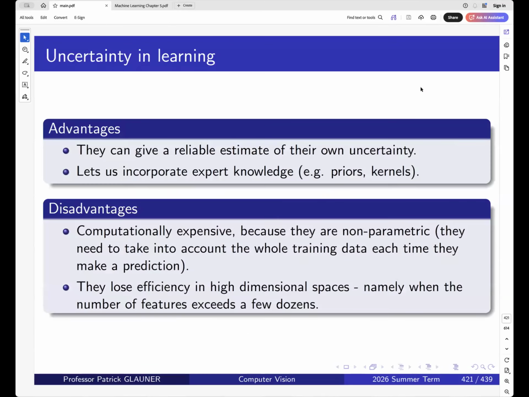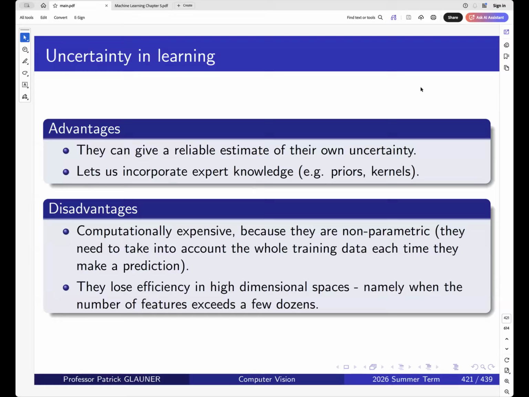And so these Gaussian processes, they are non-parametric, and typically these Gaussian processes need to take into account the whole data each time they make a prediction. So they are unfortunately relatively slow, and in high dimensional data, they don't work too well.